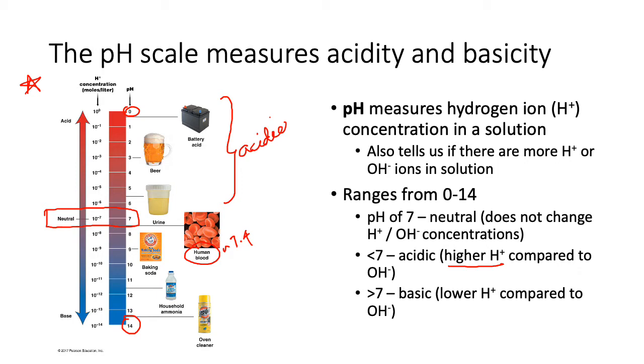As we increase in number, anything that's greater than 7, those compounds are considered basic. This means that when these compounds dissociate in water, they will create hydroxide ions, or another way that we can say this is that they have a lower hydrogen ion concentration compared to hydroxide ion concentration.